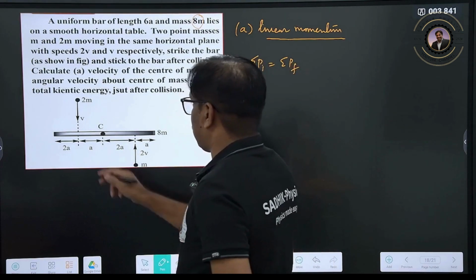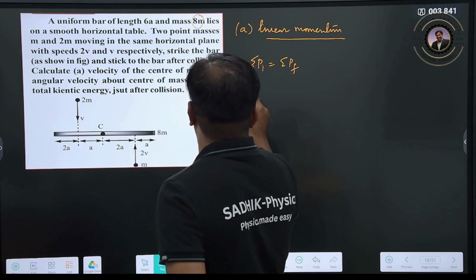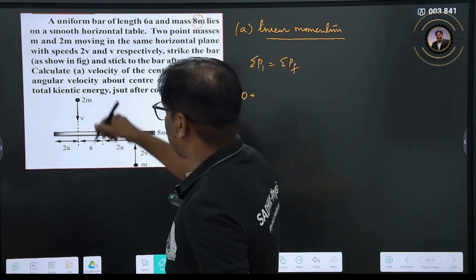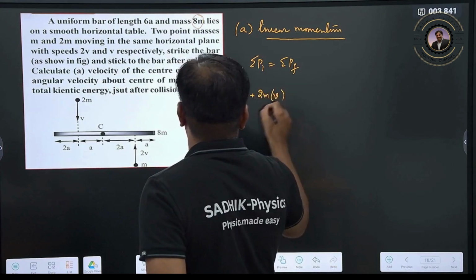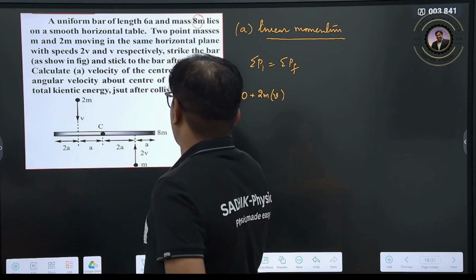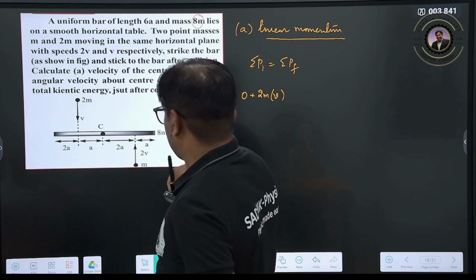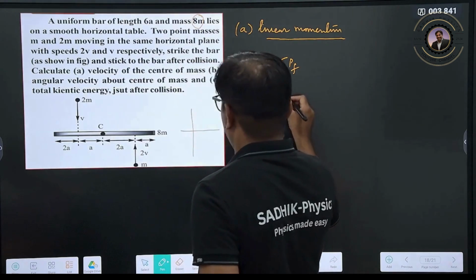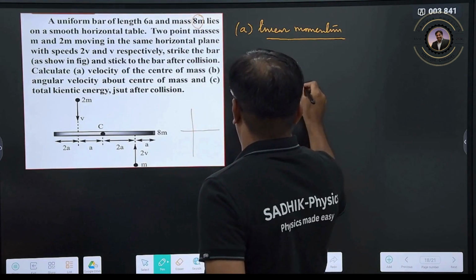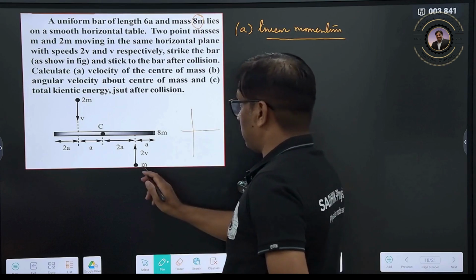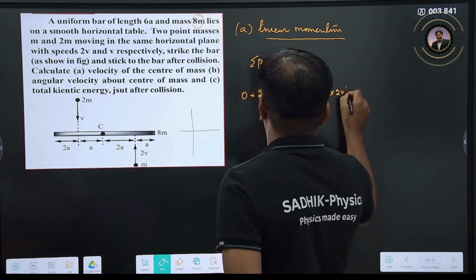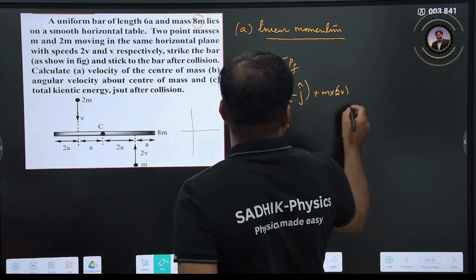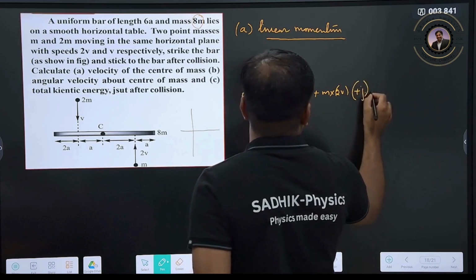Initially this rod was not moving, rod momentum was 0, and this momentum is 2m into v, but it is going in this direction. Suppose you take this direction as minus j cap, clear, and this is going plus m into 2v, but it is going upward, therefore it will be plus j cap.